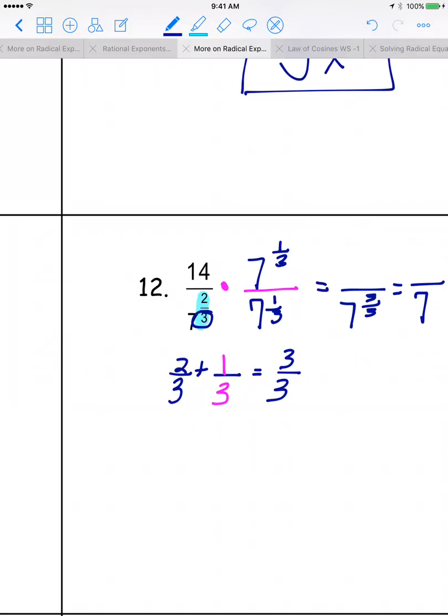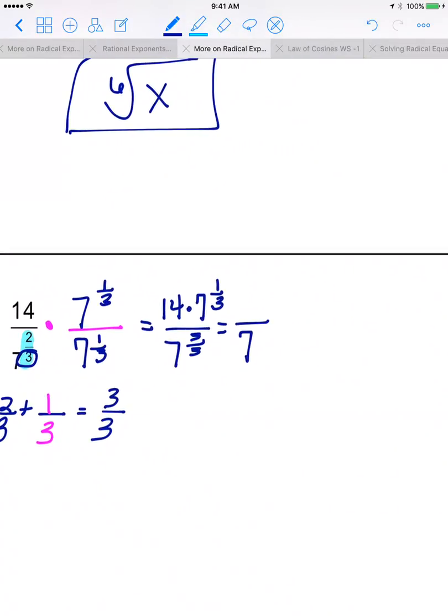So on the top, because these are not the same bases, we are not allowed to add our exponents together. So this is just 14 times 7 raised to the 1/3. And in the denominator, we've already done this. We know that 2/3 plus 1/3 is going to give us 3/3, which is going to give us 7 to the first.